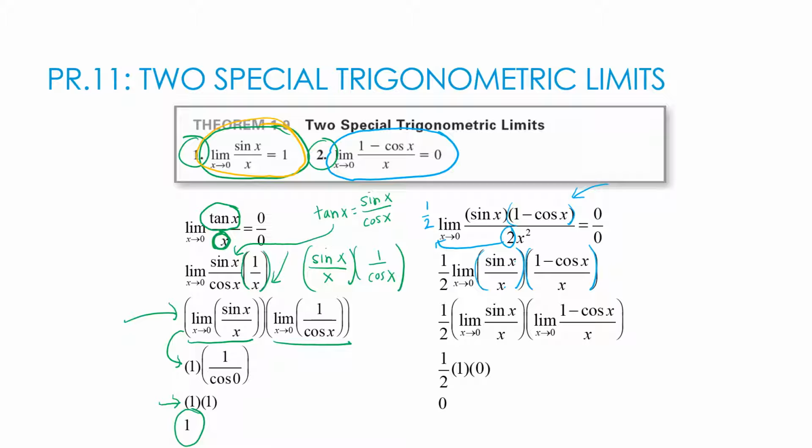Now why is this helpful? Because now I can find the limit of each of those. The limit of the first is 1 using my first special trig limit. The limit of the second is 0 using my second special trig limit. 1/2 times 1 times 0 is 0, and therefore I am done with that question using my special trig powers.